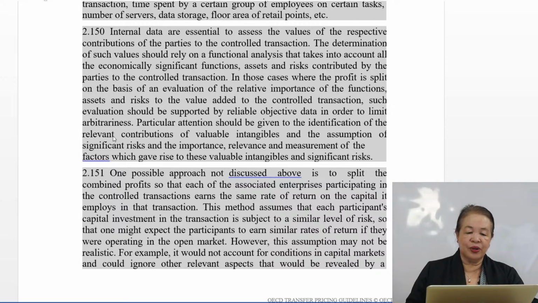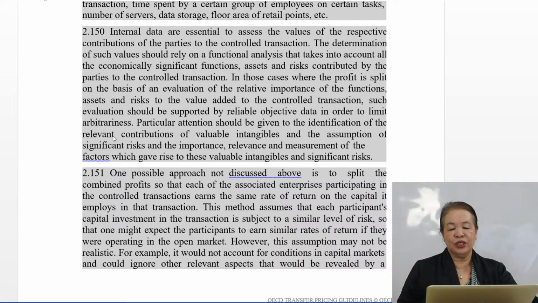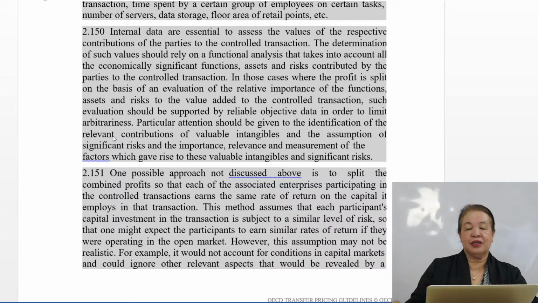So for example, it would not account for conditions in capital markets and could ignore other relevant aspects that would be revealed by a functional analysis and that should be taken into account in a transactional profit split. No? Okay. So yun yung mga discussions natin about how to compute for the net profit.